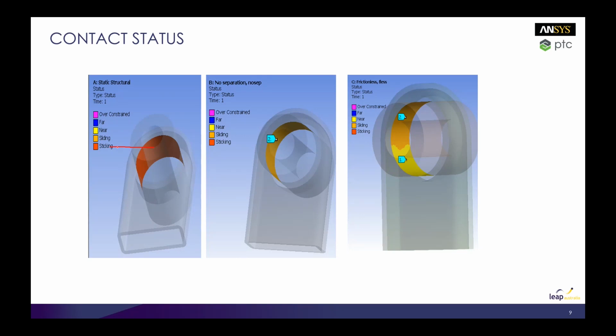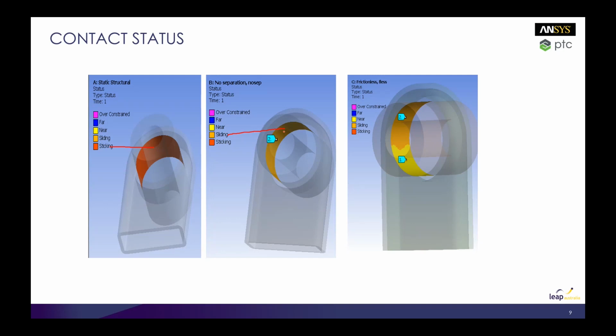It's closed in the normal direction and closed in the sliding direction. With no separation, if you probe these, they've got different numbers: 1 is sticking, 2 is sliding, 3 is near, and 4 is far.